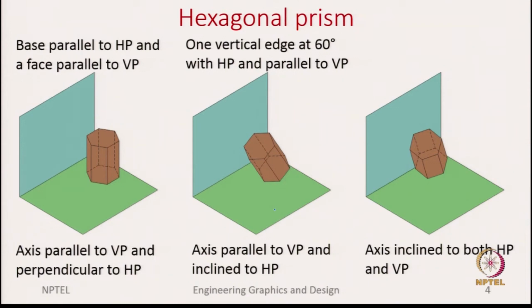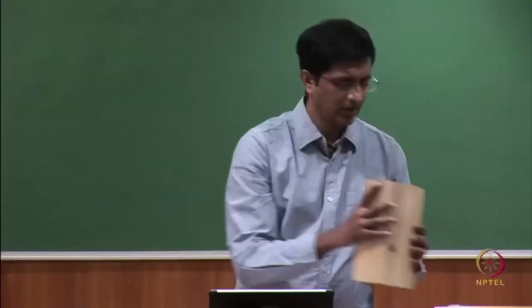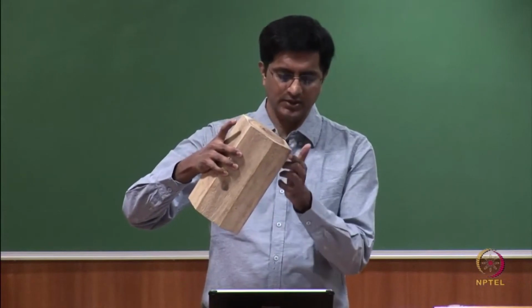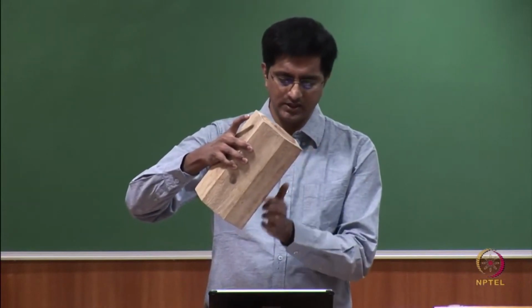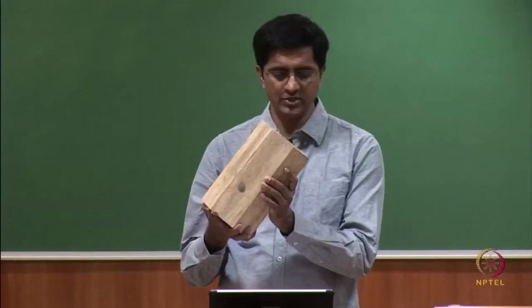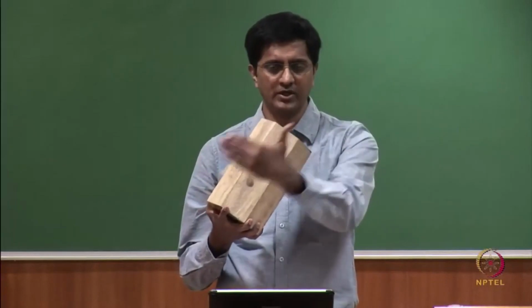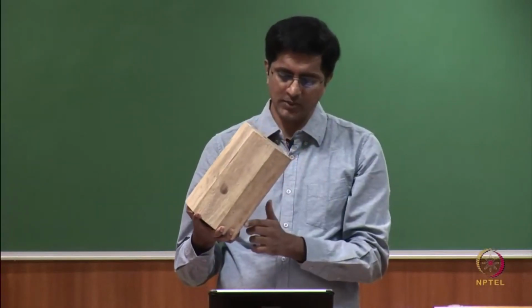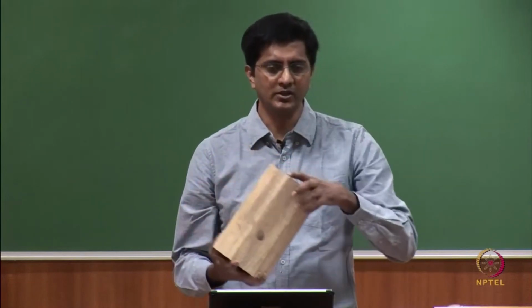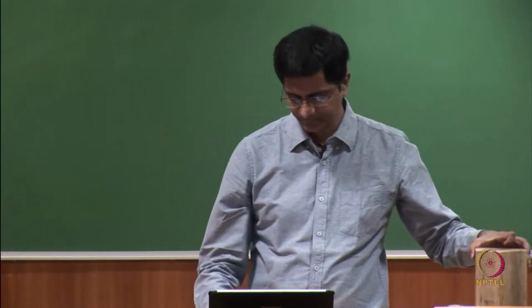And for the second orientation we can say one vertical edge at 60 degrees. So, in this case we are looking at this edge, this is the vertical edge, we are saying that this makes an angle of 60 degrees with the horizontal plane, and this vertical edge is also parallel to the vertical plane. So, this edge makes an angle of so and so with the horizontal plane and parallel with the vertical plane.